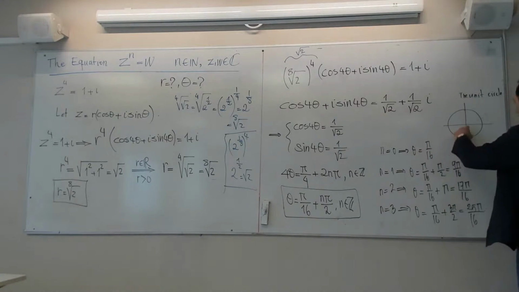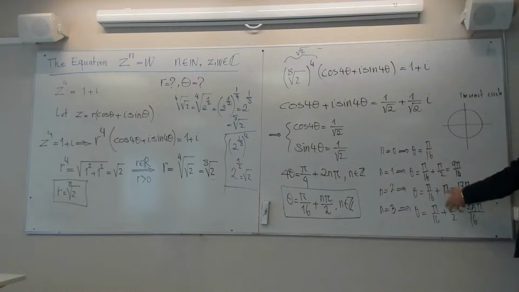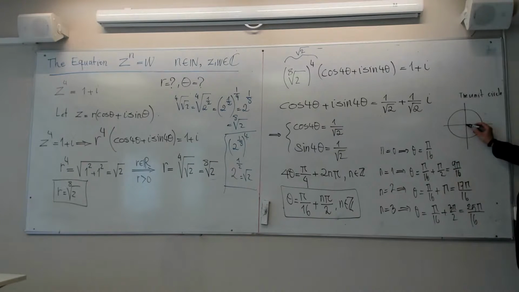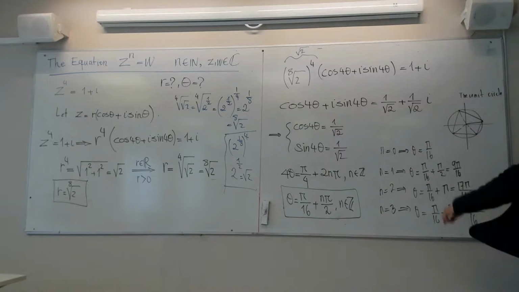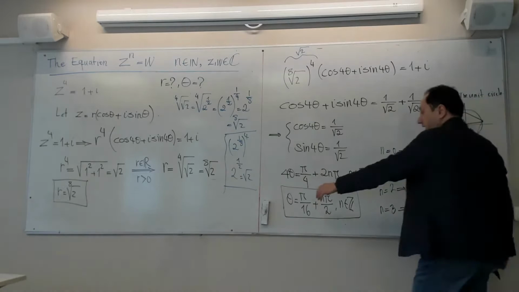Of course, it is hard for me to draw it precisely. Pi over 16 is 1/4 of 45 degrees. So assume that we have something like this. Assume that this is pi over 16. And then the other one is 9 times larger than that one. So it goes here. And the next one will go here. And the next one will go here. And then if I have done it correctly, it's a very bad picture, because it's supposed to be a complete square.